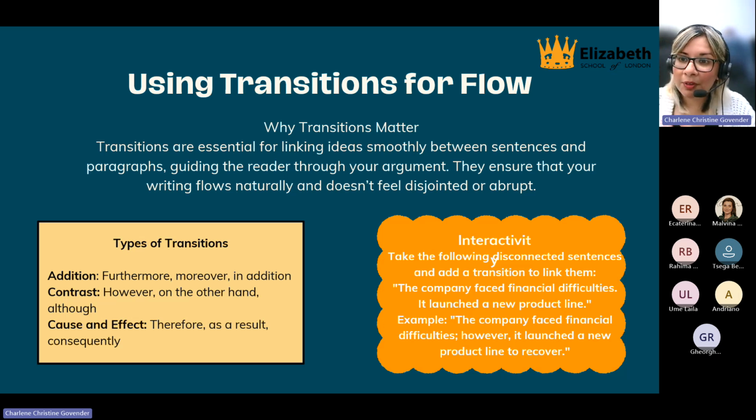Okay. So from my personal experience, this is something I had to learn because I had no idea that I had to use transitions in my writing. Like I said previously, all I did was just write as much as I knew about the subject. Didn't think about how it flowed, whether it was clear, whether it made sense. None of that was important to me.